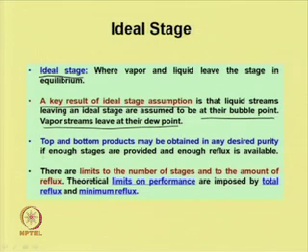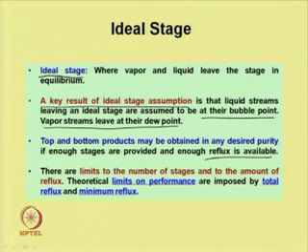The top and bottom products may be obtained in desired purity if enough stages are provided and enough reflux is available. But there are 2 limits, that is the number of stages and the amount of reflux. We cannot vary these indefinitely, an infinite number of stages and total reflux.